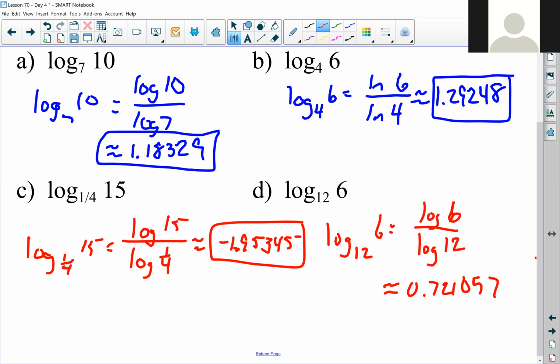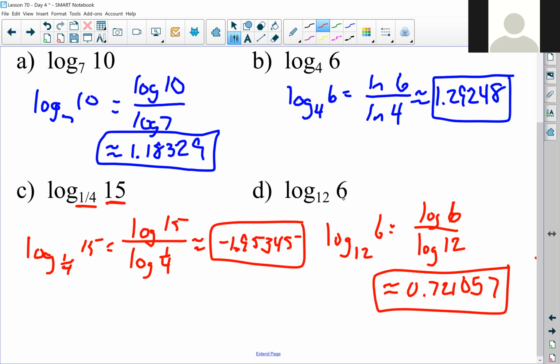All right, there we go. If you have a fraction base and a whole number value, or it could be the other way around, a whole number base and a fraction you're taking the log of, you're going to get a negative value.